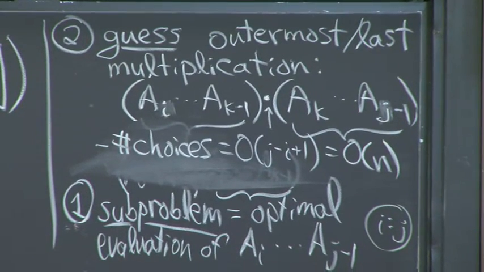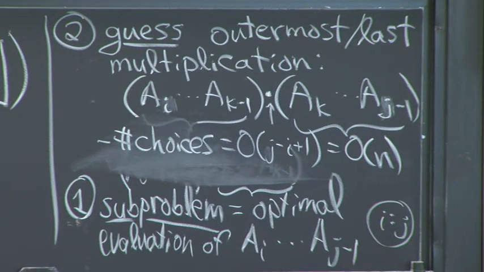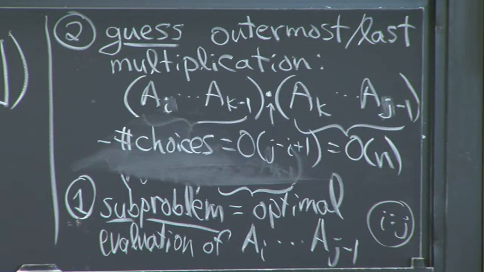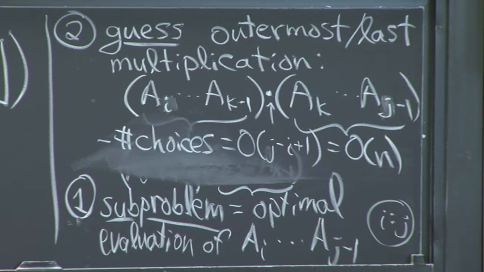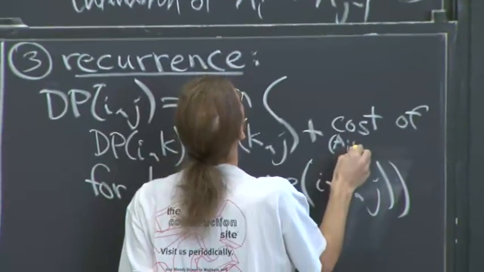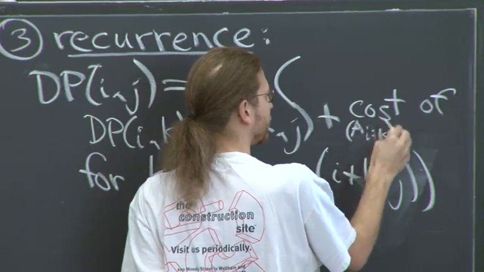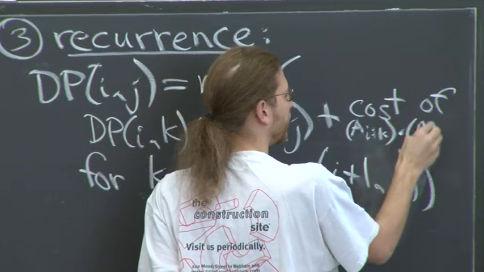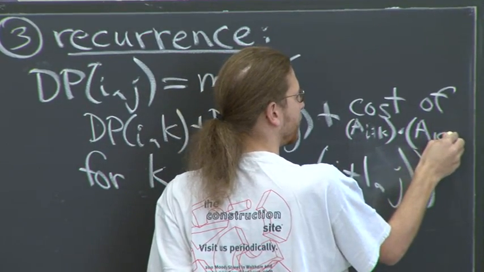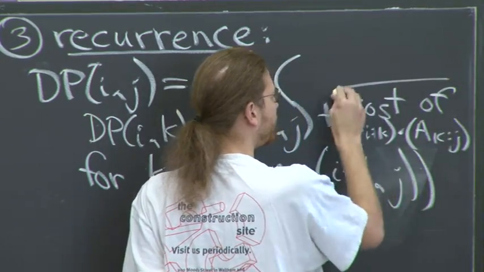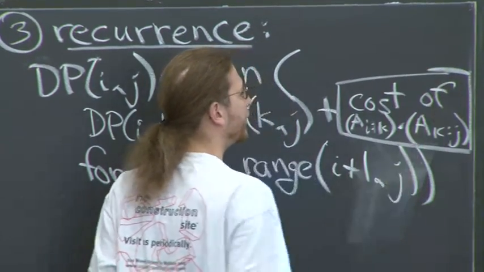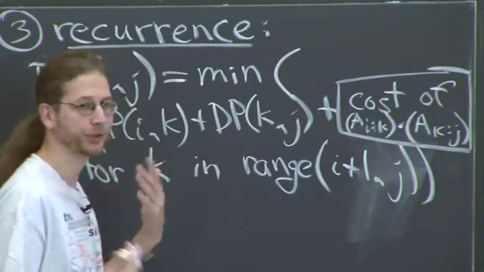So how much does that cost? Well, it's something. So cost of the product ai colon k times the product ak colon j. So I'm assuming I can compute this cost. I'm not even going to try to write down a general formula. You can do it. It's not hard.